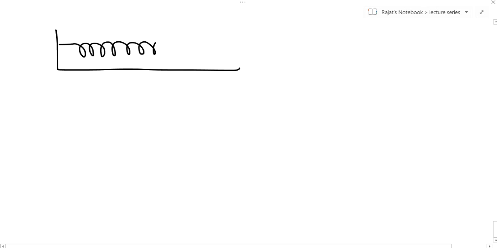Suppose I want to write this equation for a spring block system. So this is a spring block system, mass m, spring constant k.